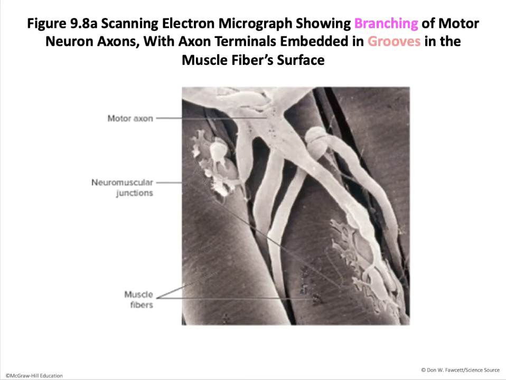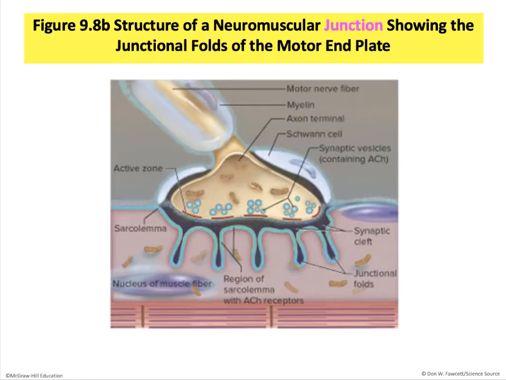Figure 9.8a shows beautifully these neuromuscular junctions at the intersection of motor neurons and muscle fibers. Understanding the physiology of a neuromuscular junction is one of the major goals of this chapter. So students are encouraged to recall exactly what happens as a sequence of events at a neuromuscular junction.